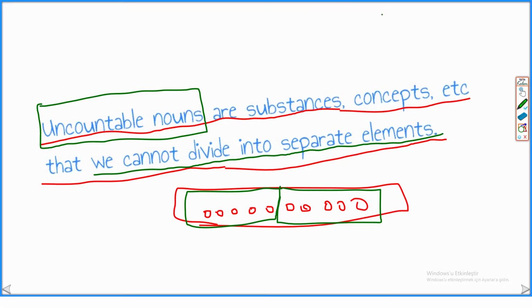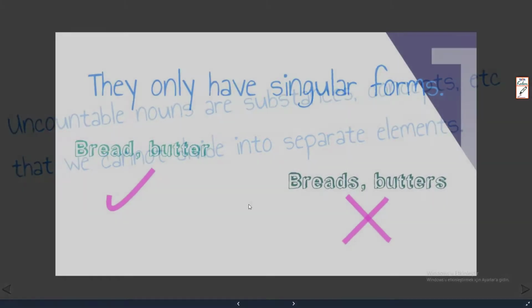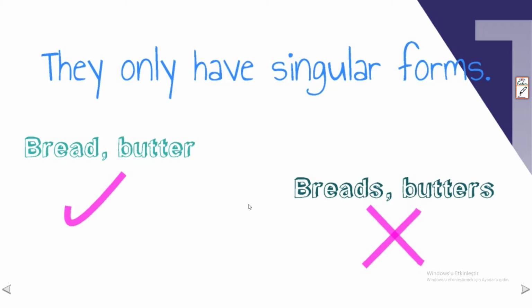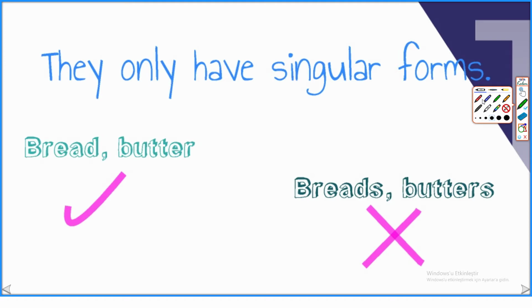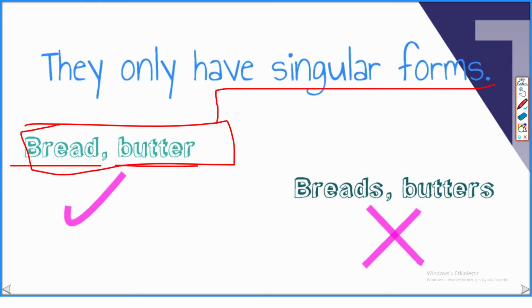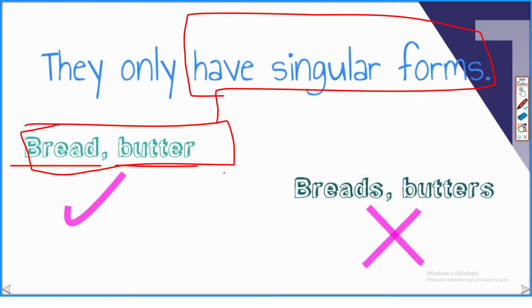Let's find out what these uncountable nouns are. For example, they only have singular forms: bread, butter. Bread and butter are uncountable nouns, and they have only singular forms.